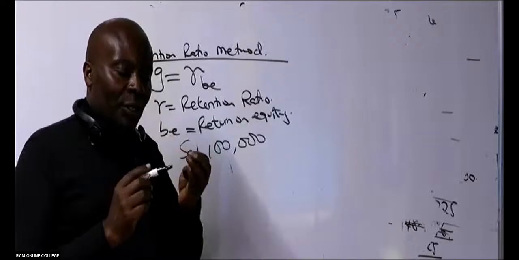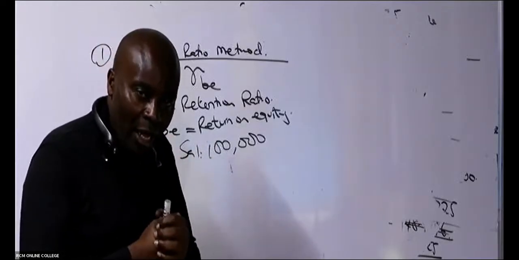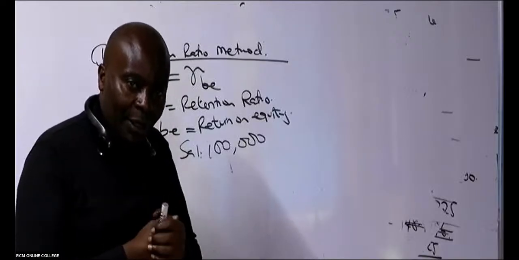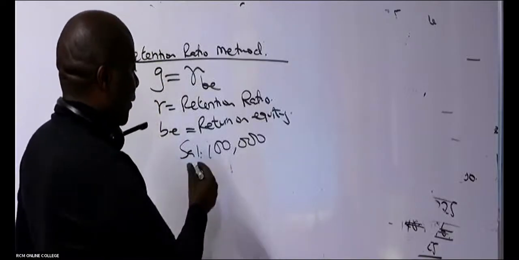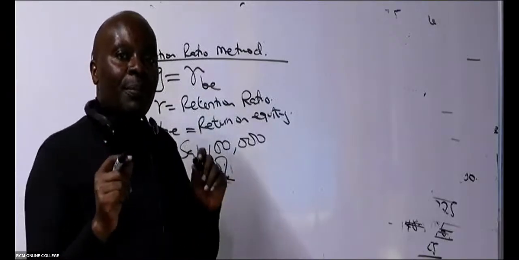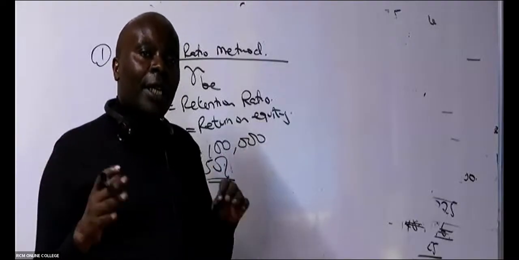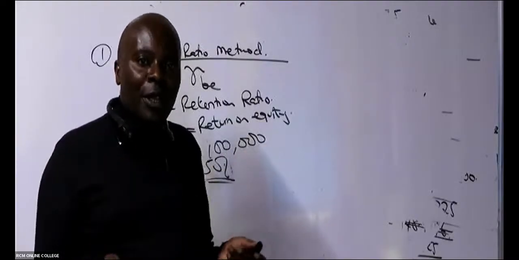So you must retain something. Maybe you are retaining 50%. If you leave this money in a bank account not earning interest, then at the end of the day, you will not be growing.